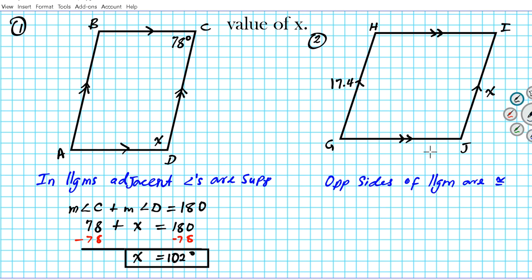What statement can we write using this property? We can specify that GH is equal to JI. I will substitute GH is 17.4 and JI is x. So that's basically the value of x. X is 17.4 units because it is opposite the side that has a measure of 17.4.